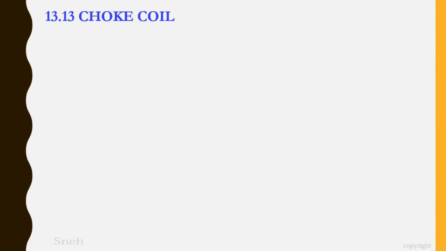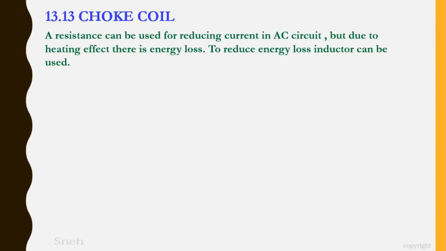Now the last topic, that is the choke coil. In general, in any circuit, we are using resistance. Now what is the use of resistance? The use of resistance is to reduce current in the circuit.